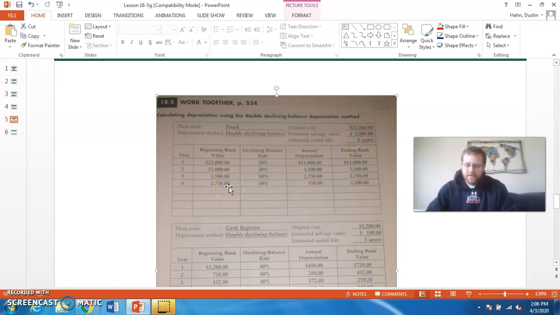So now instead of doing that by 50%, take 2,750 minus your salvage value of 2,200, and that equals your 550. That's where that 550 comes into play. 2,750 minus 550 equals your 2,200. That 2,200 is the same exact match for your salvage value. So that is how you do the first example of the work together.